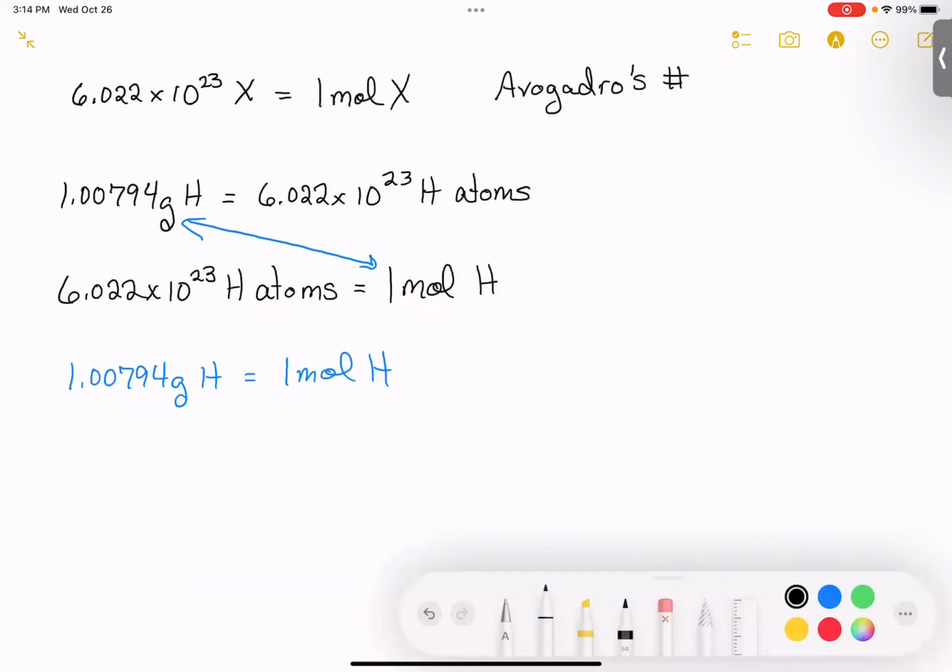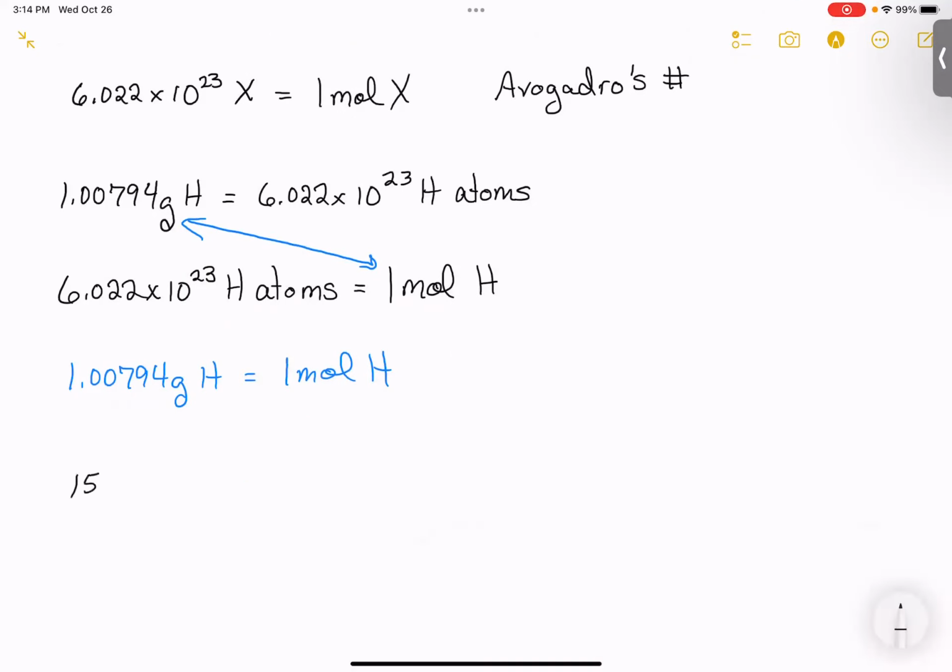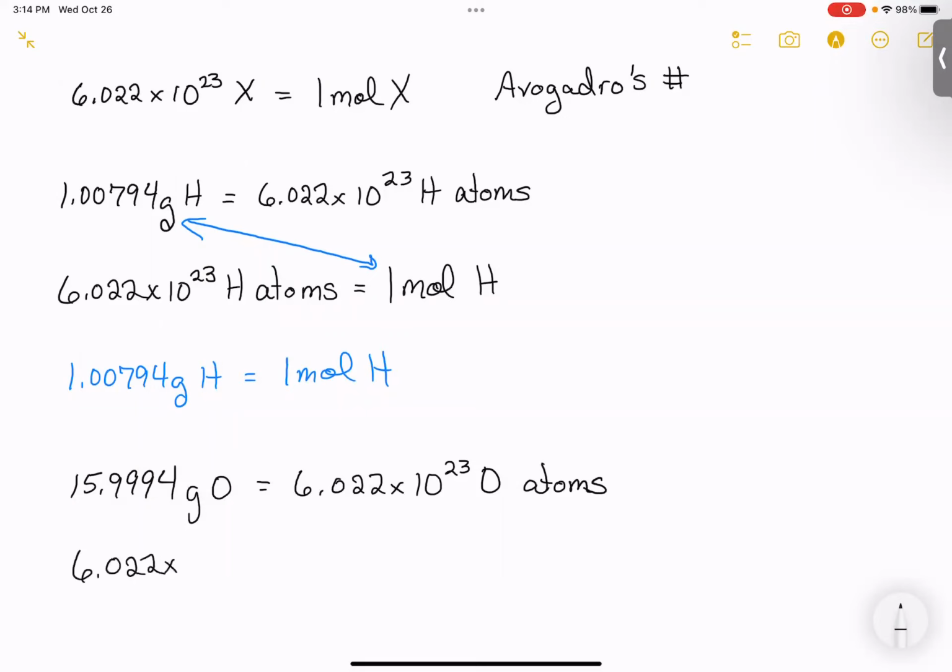The same thing goes for our oxygen. We know that 15.9994 grams of oxygen is equal to 6.022 times 10 to the 23rd oxygen atoms. And we know that 6.022 times 10 to the 23rd of anything, in this case, oxygen atoms, is equal to 1 mole of that thing.